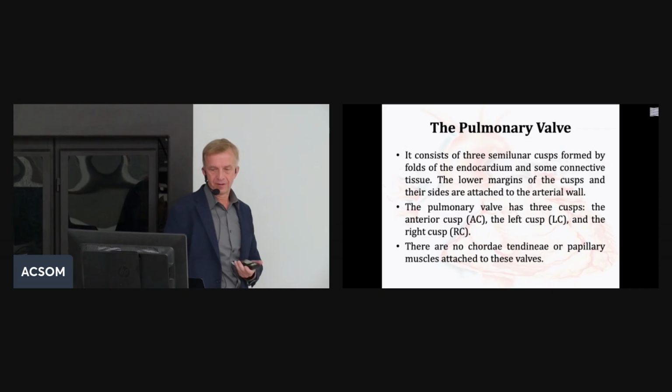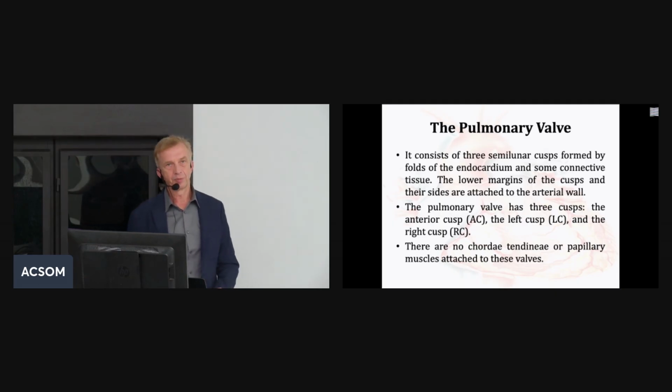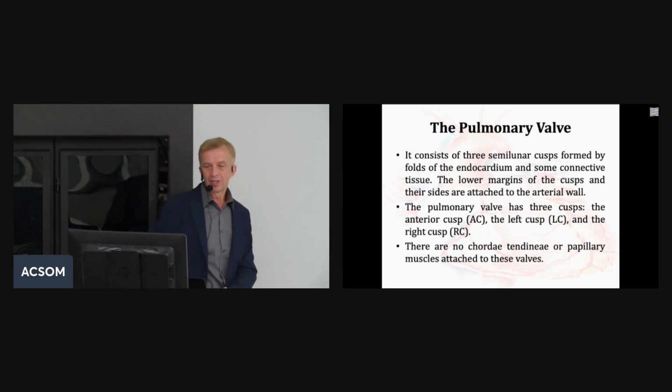So pulmonary valve, three cusps. Again, it's between the pulmonary artery and right ventricle. From the clinical standpoint, do you know what the Ross procedure is? The cardiac surgery called Ross procedure is for patients who have a damaged aortic valve.